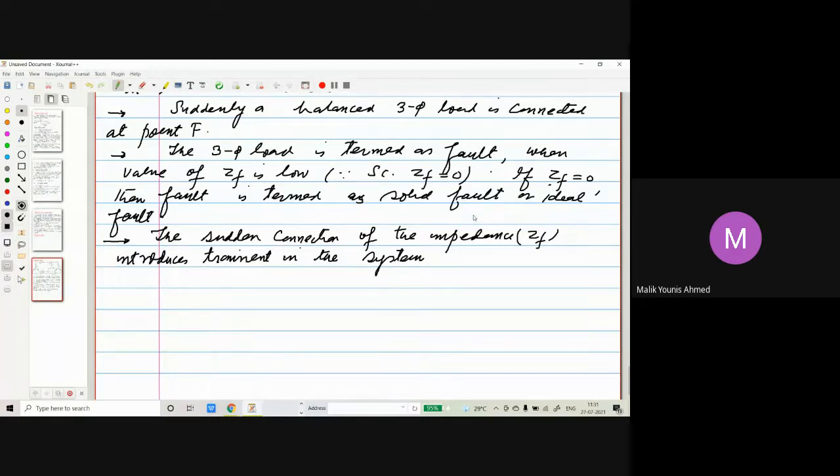And the fault current, as we already know, will be very high. And that fault current we will study in further lectures.